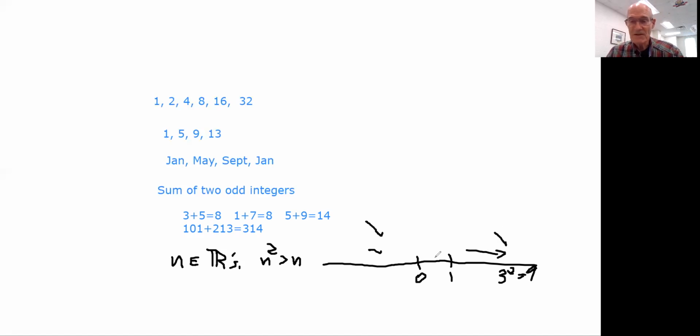But then if I come into this part between 0 and 1, let's say I pick a half. A half squared is a half times a half, which is 1/4.